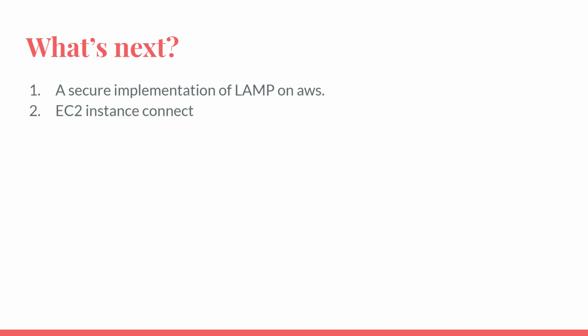EC2 Instance Connect provides a simple and secure way to connect to your Linux instance using Secure Shell SSH. With EC2 Instance Connect, you use AWS Identity and Access Management IAM policies and principals to control SSH access to your instance, removing the need to share and manage SSH keys.